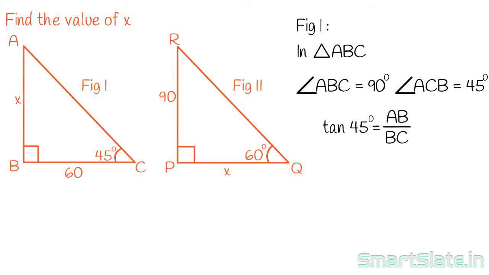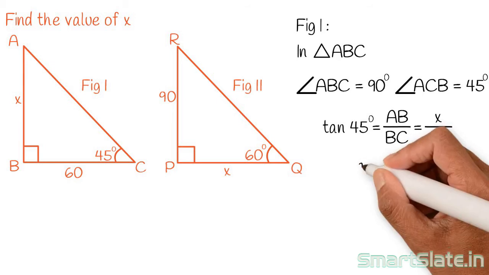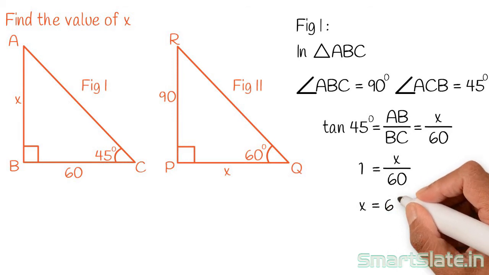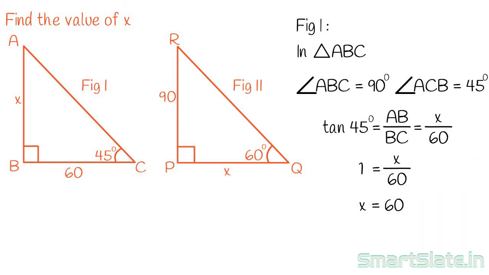Substitute the values. It is x by 60. So, tan 45 degrees is equal to x by 60. If you remember, tan 45 degrees is nothing but 1. So, 1 is equal to x by 60. So, x is equal to 60. We have found the value of x here.